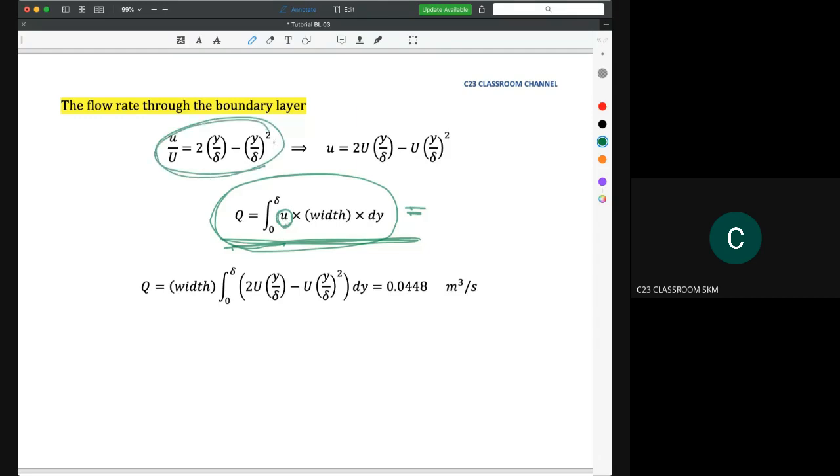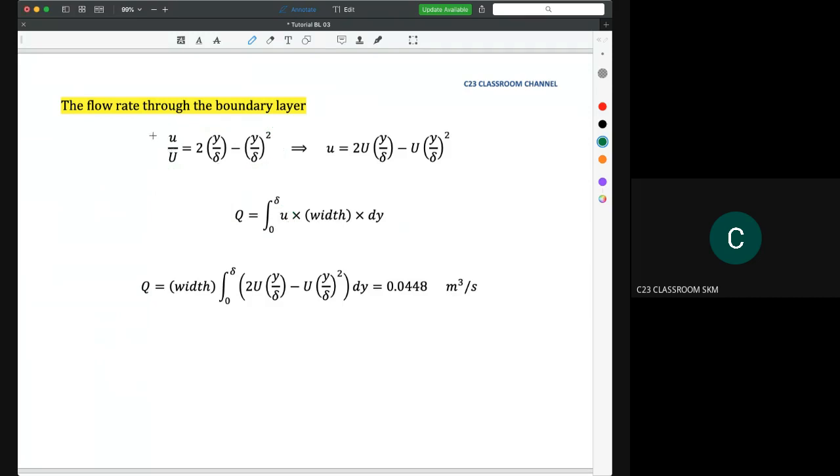But you must be careful, in this equation the parameter here is only small u. So what you need to do is change from this term, u over U, into this term, because this term will have u equal to capital U and so on.